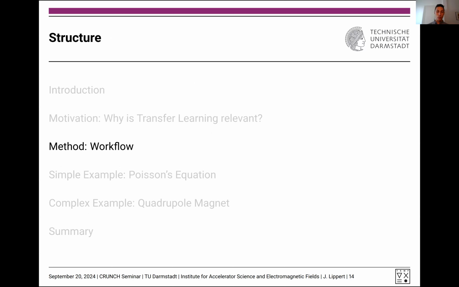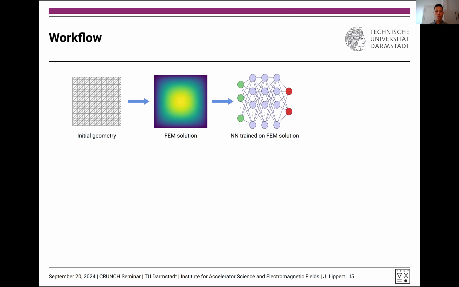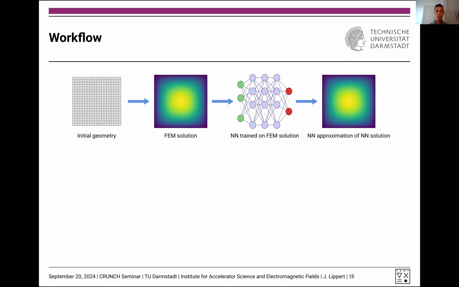So let's look at what we did. We first chose an initial geometry and solved this geometry with the finite element method, and then used this reference solution to train a neural network by means of mean squared error. And then we had our reference neural network solution from which we started.